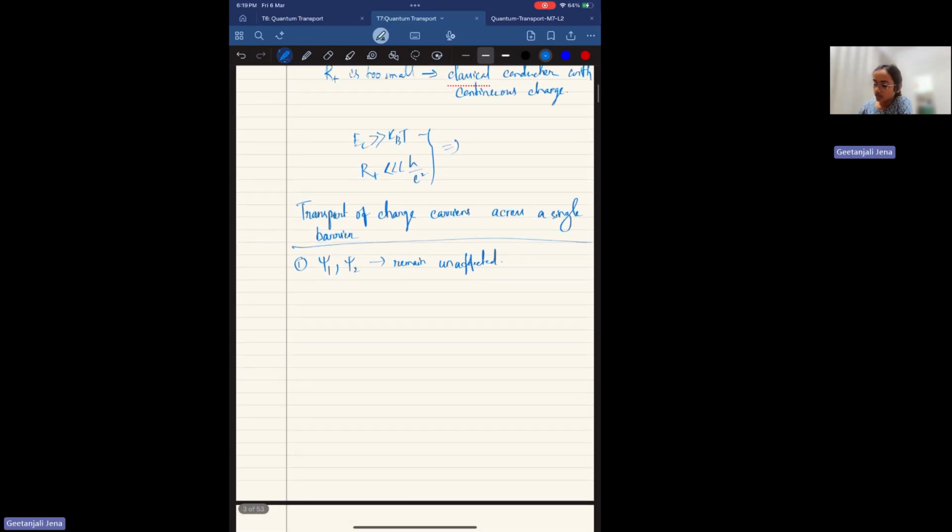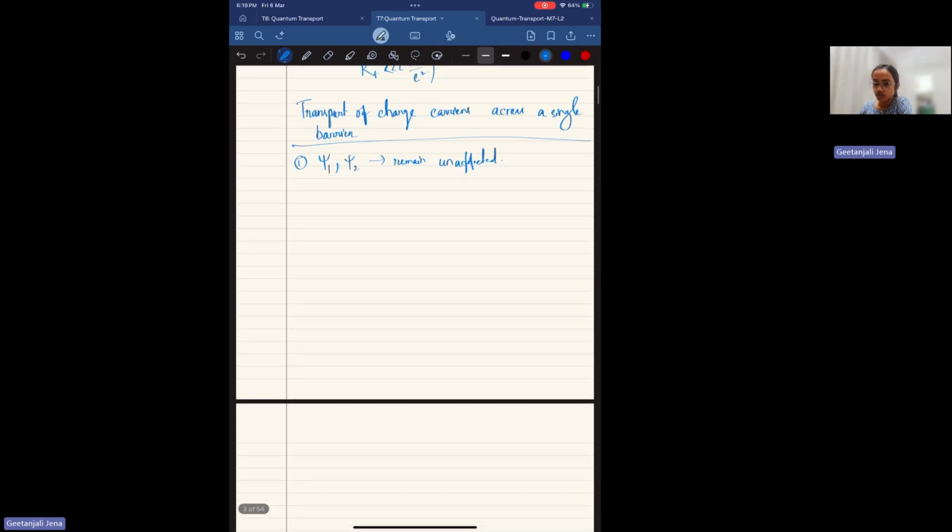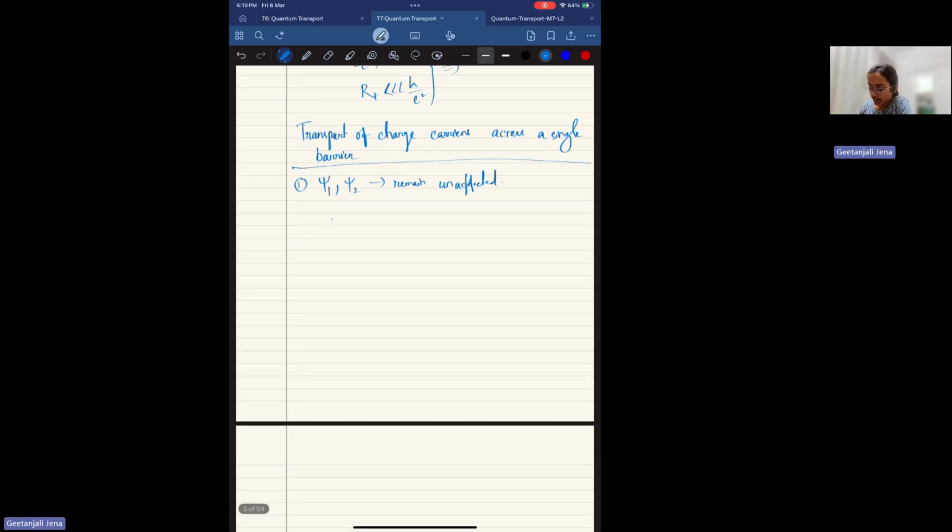So for this assumption, we can use the Fermi golden rule to calculate the transmission probability. Also, we can write the Hamiltonian as H1, Hamiltonian on the source side, H2 on the drain side, plus the perturbative term, which is related to the tunneling event.